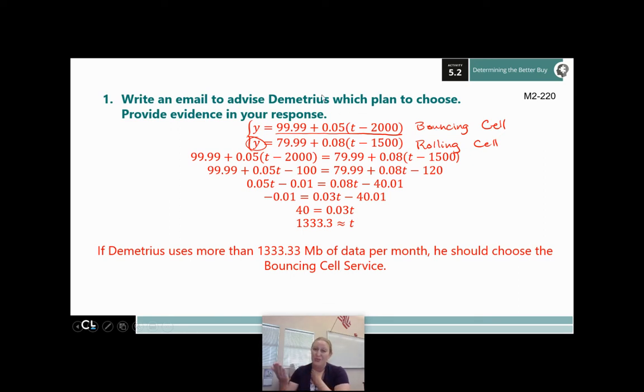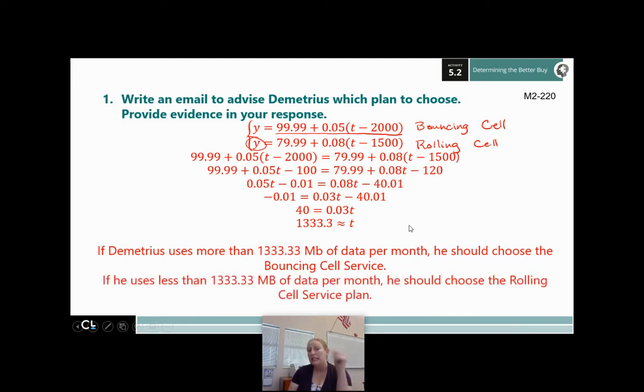Because they charge less when you go over. But if Demetrius is using less than 1,333.33 megabytes, I should say, of data per month, he should choose the rolling cell service plan. So if he's using less than that, go with these other guys.